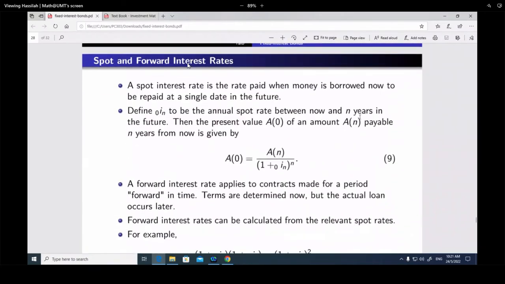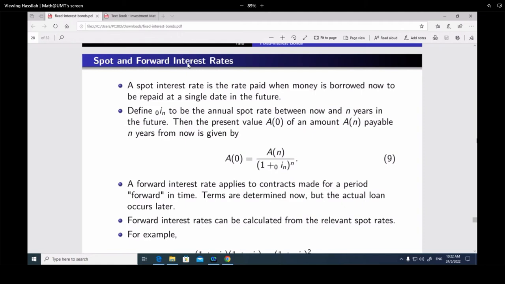Okay, so today we are going to talk about spot and forward interest rate. Saya recordkan. Have you heard of spot interest rate? Interest rate yang you belajar sebelum ni, you belajar guna I saja kan?